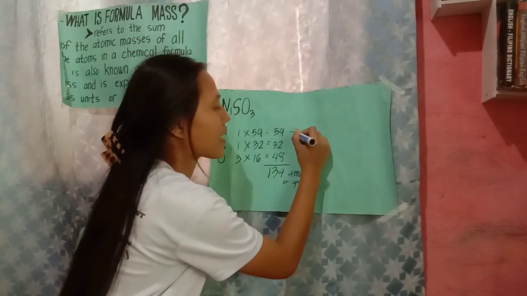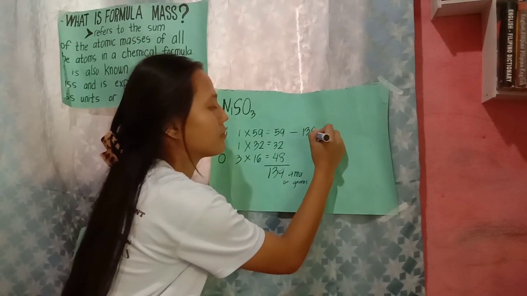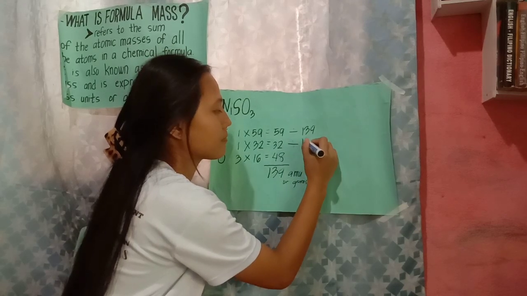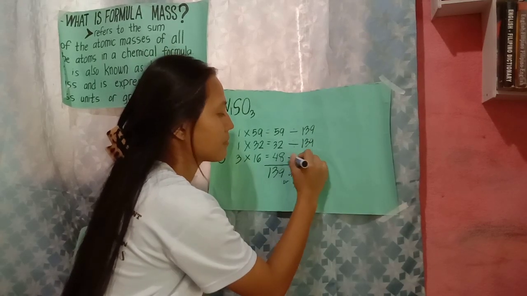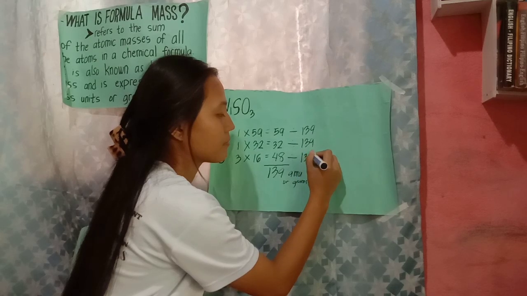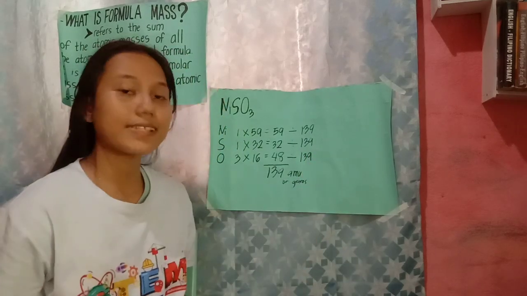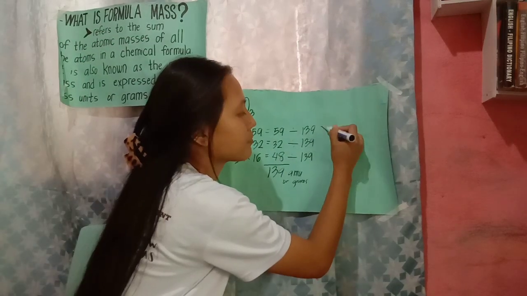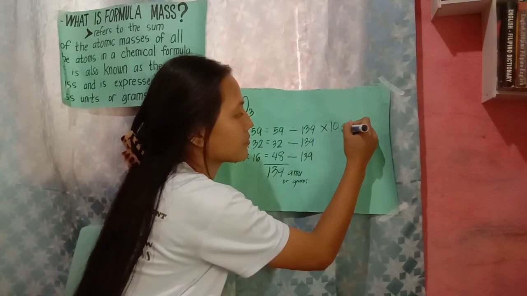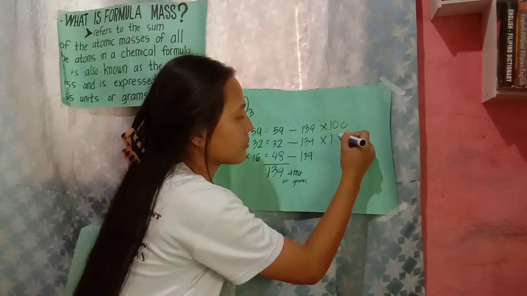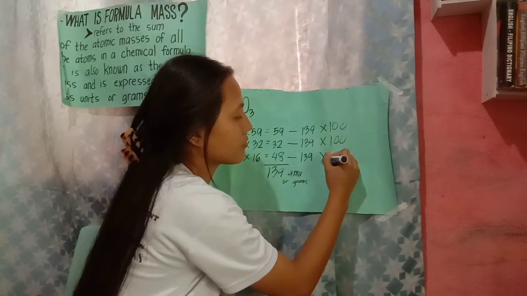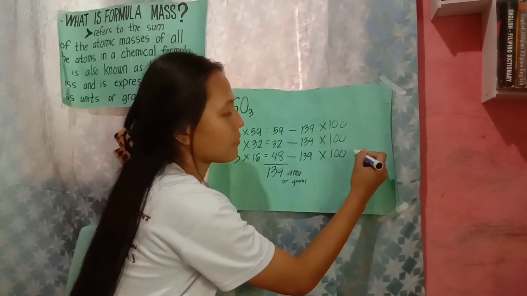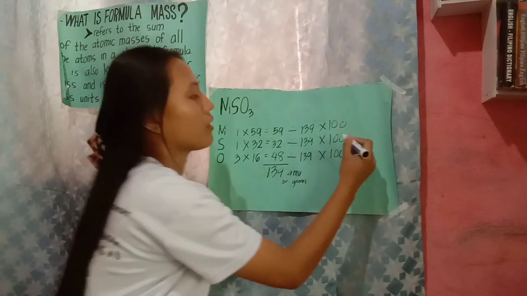So let's divide. Next, we need to multiply it by 100. Then let's solve all.